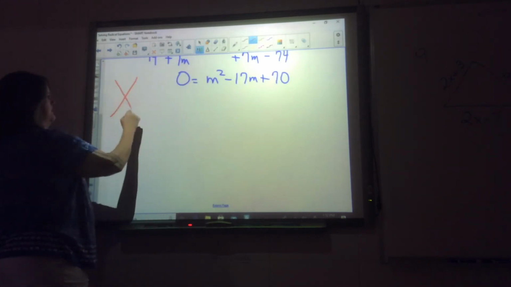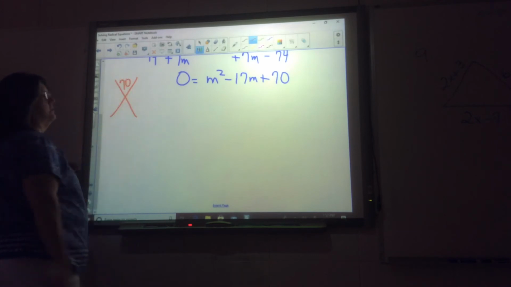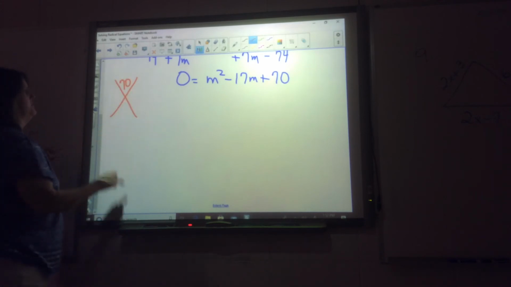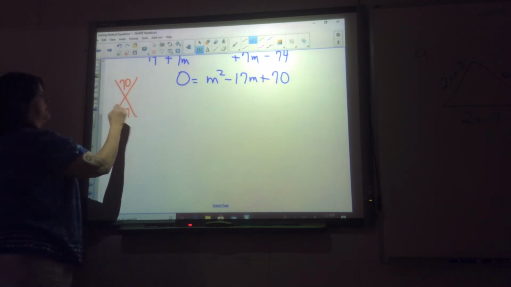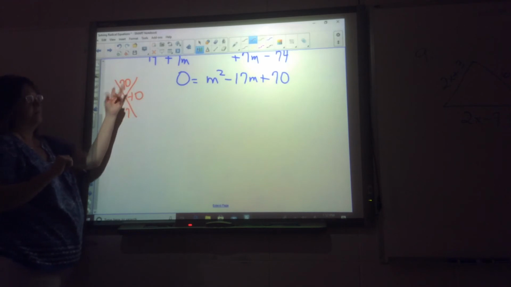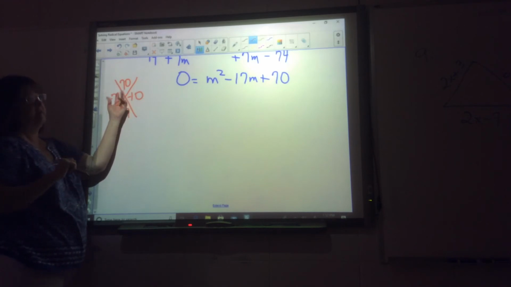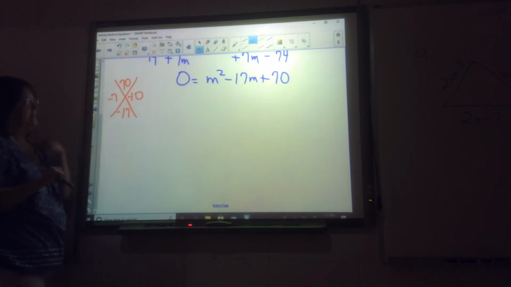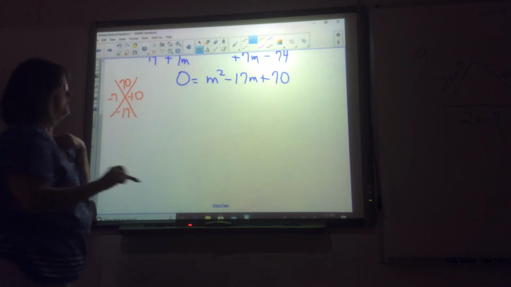I don't know if you remember this from your freshman year or not, but the factors are 7 and 10, and they both need to be negative. That's how we get a positive 70. If I multiply negative 7 and negative 10, I get positive 70, and adding negative 7 and negative 10 gives negative 17.